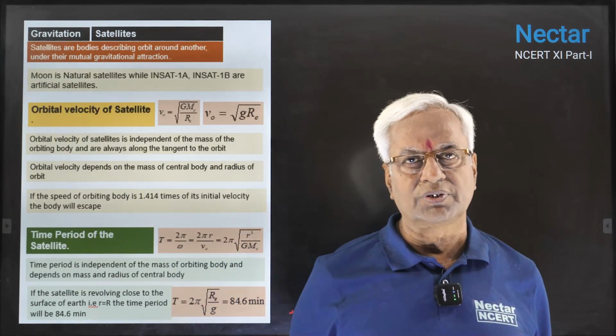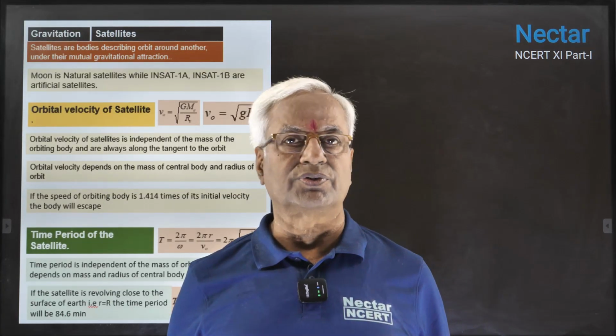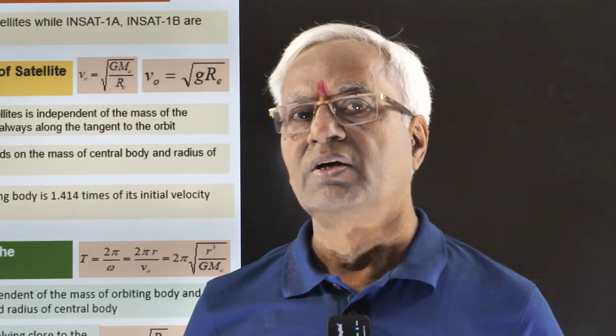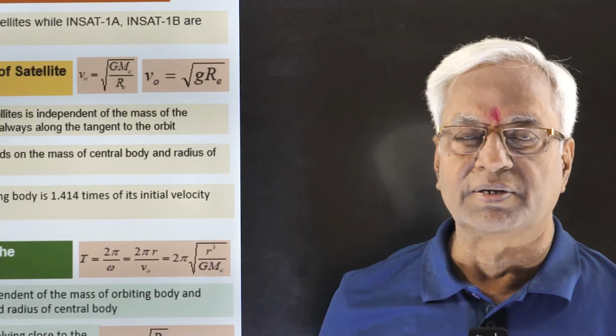Satellite refers to the term for an object that's moving around another body under the effect of their mutual interacting forces. For example, electron is satellite of nucleus, Earth is satellite of Sun in broader perspective.